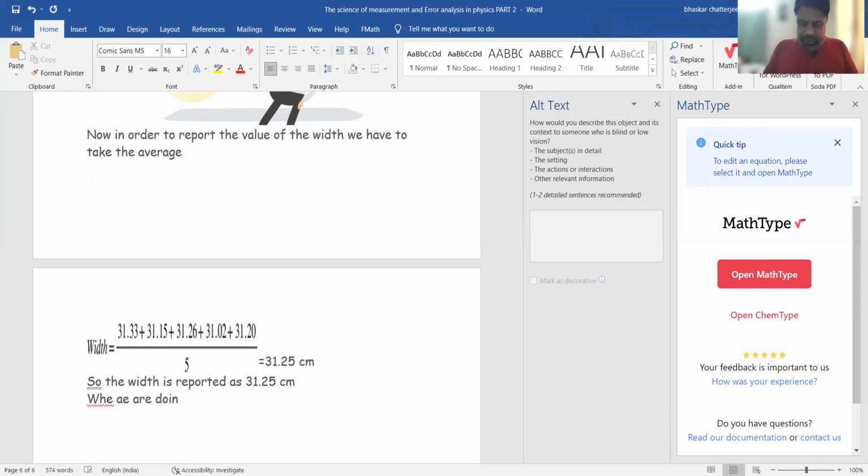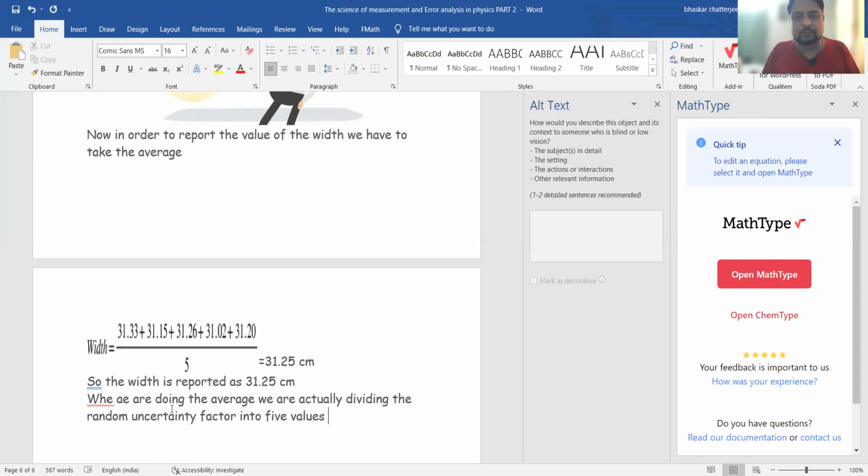So when we are doing the average, we are actually dividing the random uncertainty factor into 5 values. We know the meaning of fraction from school level. 10 by 5 is 2.